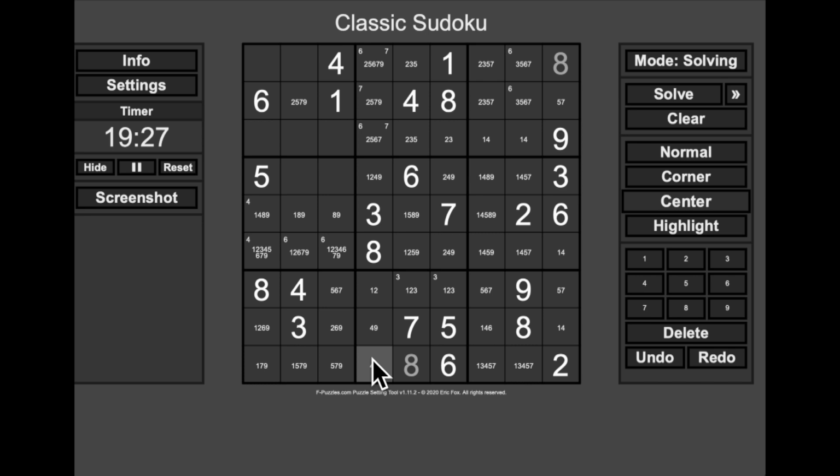Let's see. That's a 4-9 pair in box 8, so this can't be 4 or 9. This is down to 1 or 2. That's a 1-2 pair, which means this can't be. So none of these are 1 or 2.